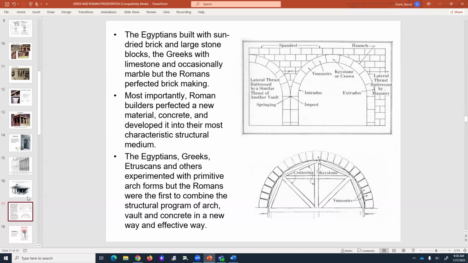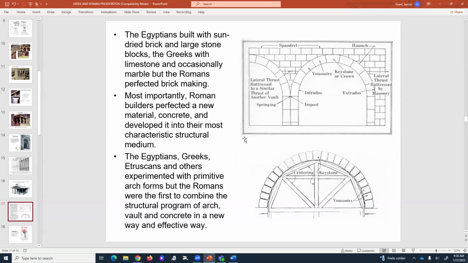The Greeks used limestone and marble, decorative, but the Romans really perfected two things: brick making, and mostly, Roman builders perfected concrete. They were able to figure out the mixture, and that was a huge explosion of different things, and develop it into the most structural medium. So they used concrete.